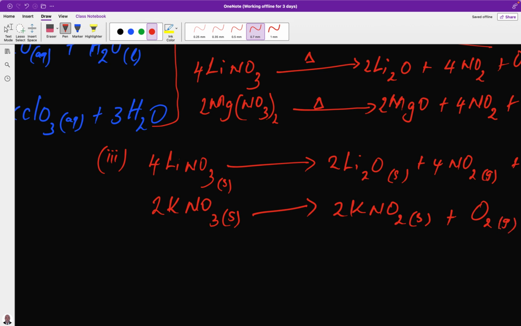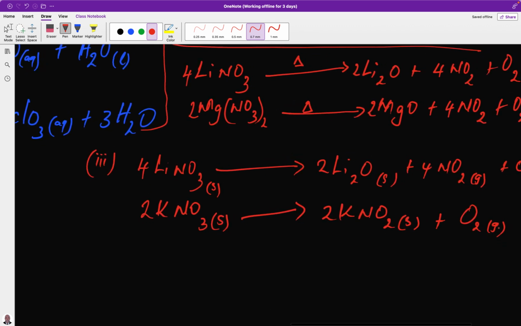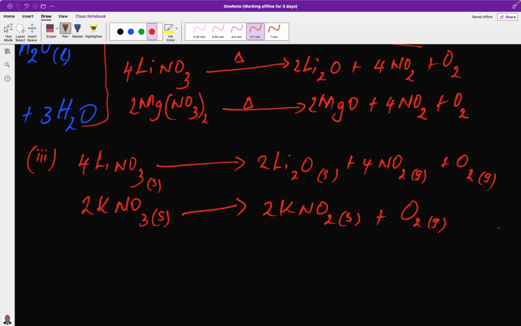So that is the effect of heat on the nitrate of lithium and the nitrate of potassium. That will be the result of it.